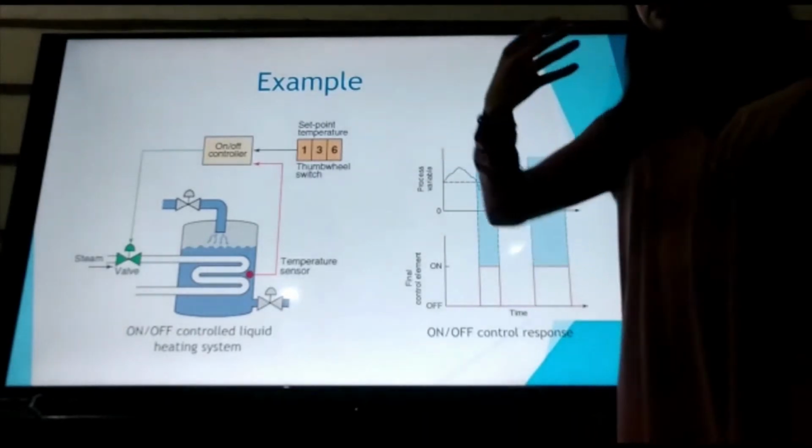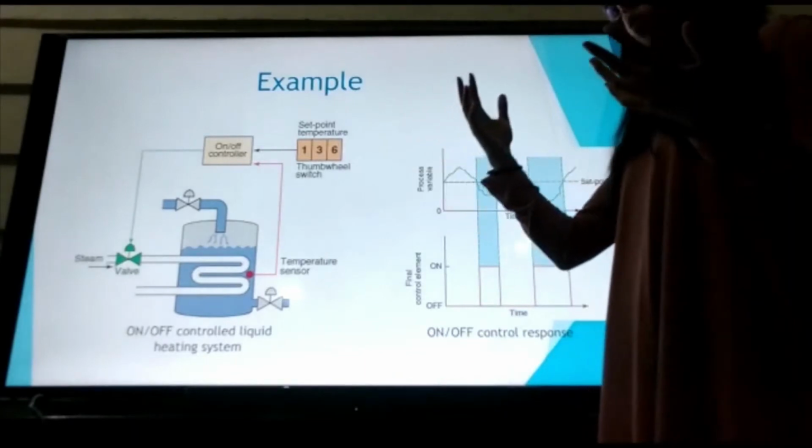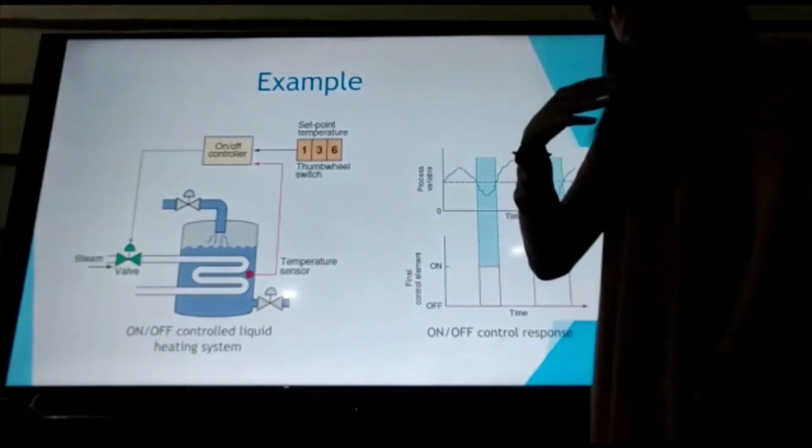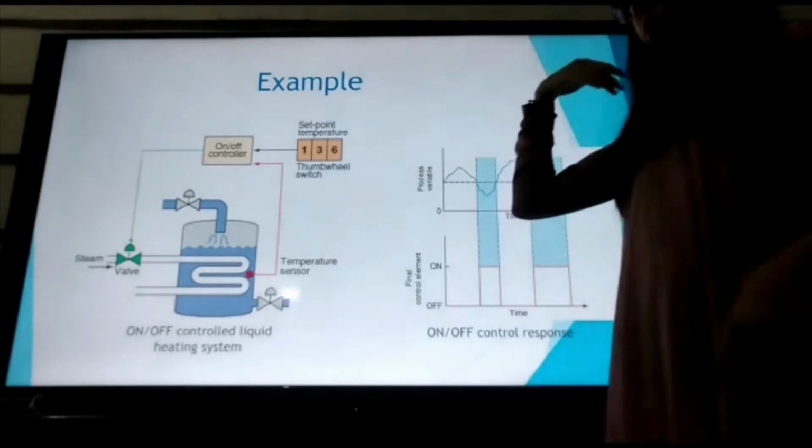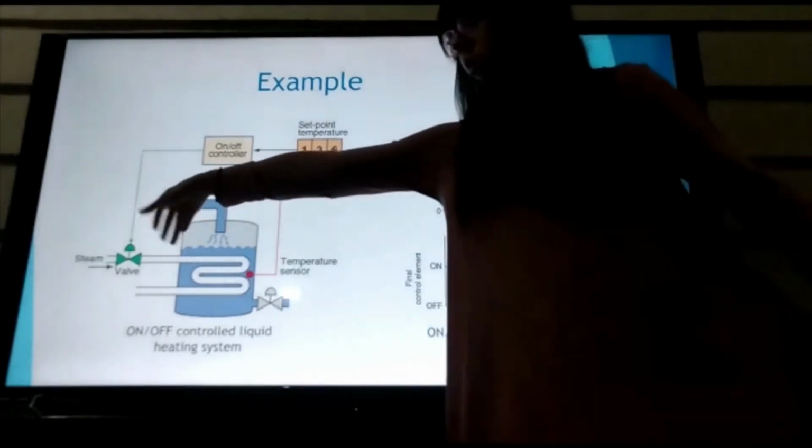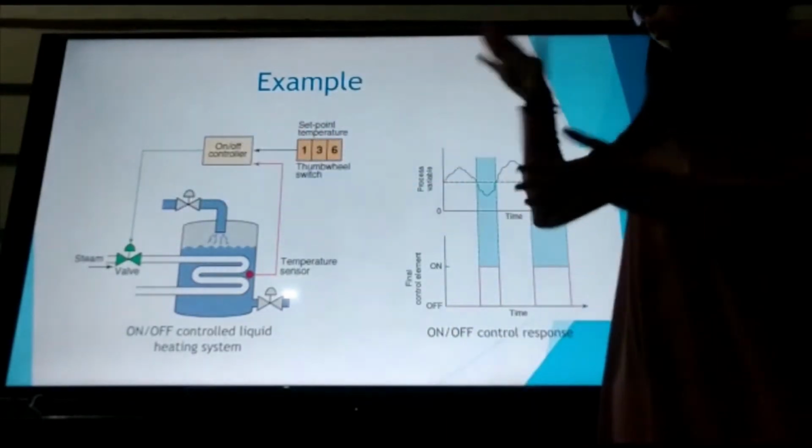If the temperature of the liquid goes above the set point, the steam valve closes and the steam shuts off.